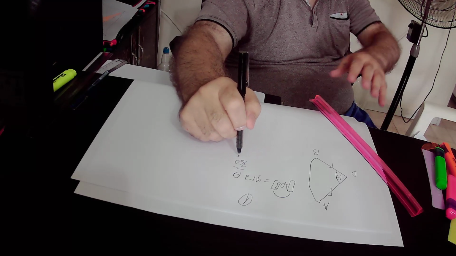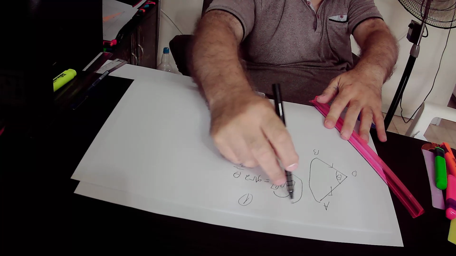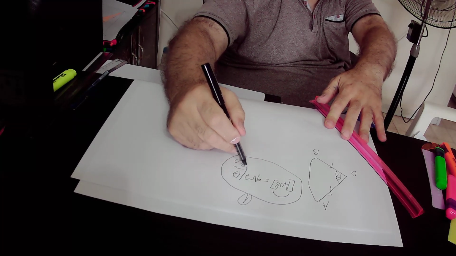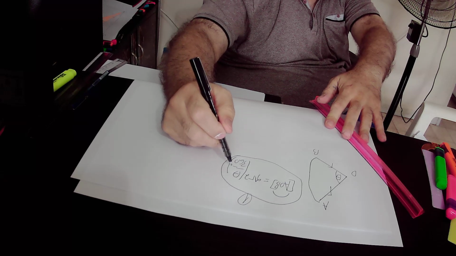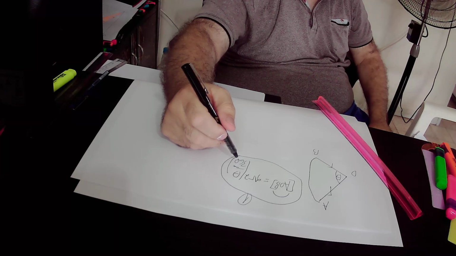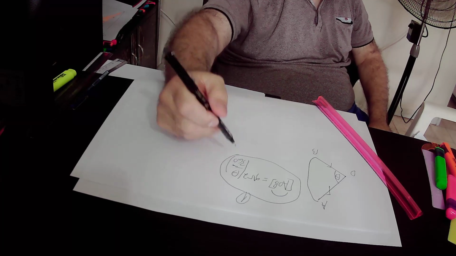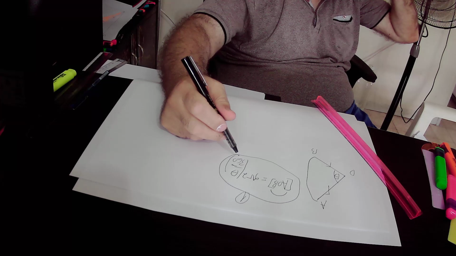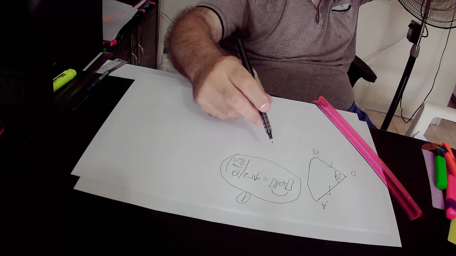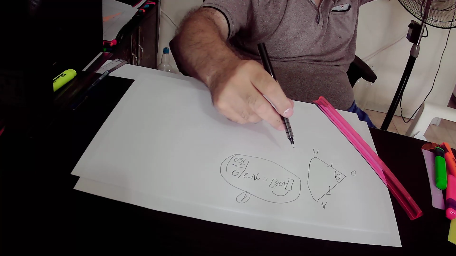Again, the area of sector AOB equals pi r squared times theta over 360 degrees. Here, the ratio theta over 360 degrees gives us the relative percentage that this sector occupies out of the entire circle.